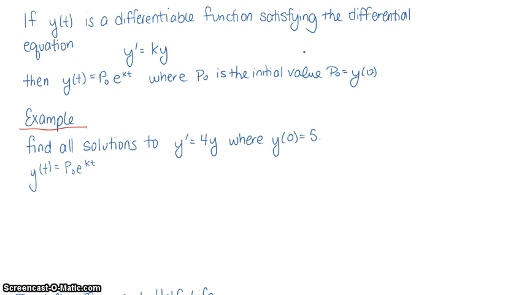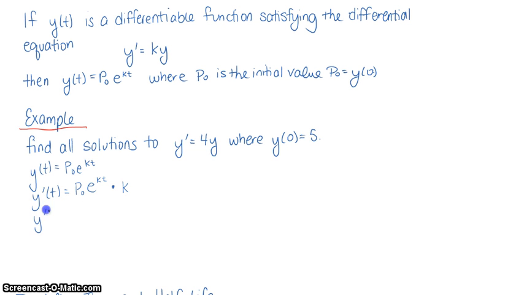So if that's true, and we find the derivative of this, we know that your constant is going to remain your constant up front. You're going to have your e to the kt, because when you take the derivative of e to anything, it's just going to become e to that value, multiplied by the derivative of the exponent with respect to t, so it's going to be times k.